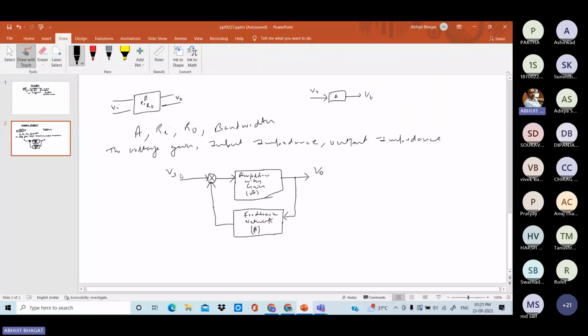Vs is the signal voltage, the voltage which is amplified. This Vs is always positive, and the voltage which is fed back to the input side is denoted by Vf, and it is called the feedback voltage.